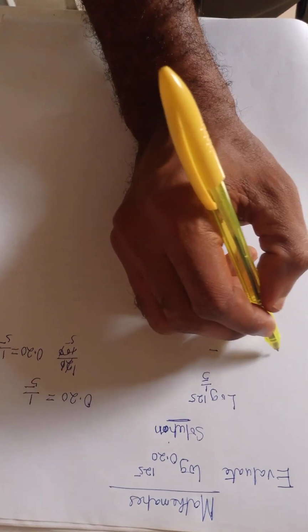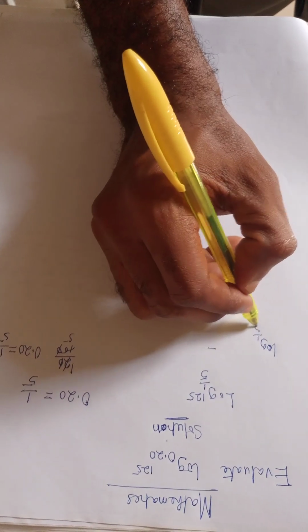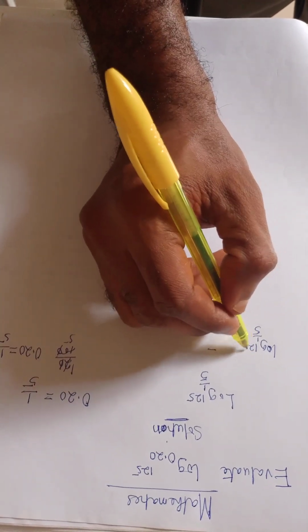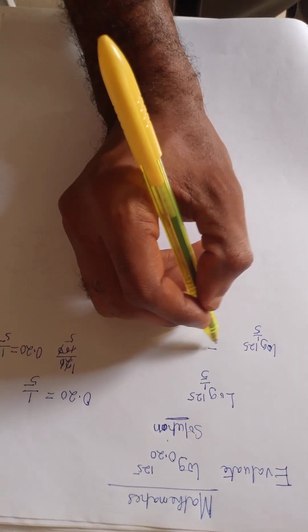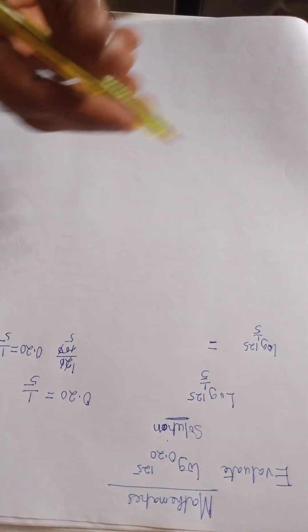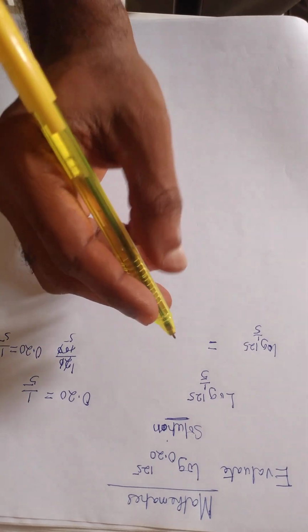Okay, so once we are confronted with a problem of this nature, what we do is to apply change of base. Since we are dealing with 1 over 5 and 125, it will be convenient for us to use log of base 5. We call that changing of base.